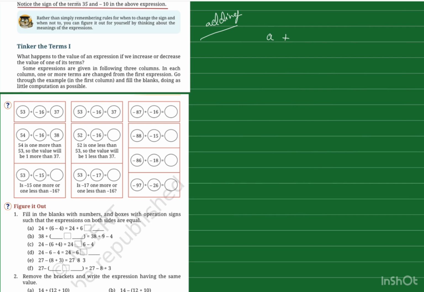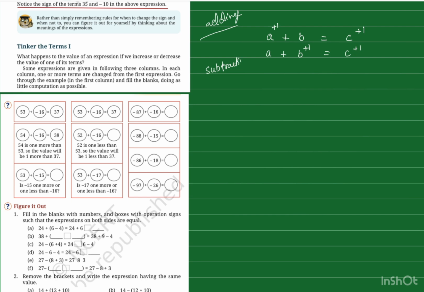So we can say that for an expression a plus b is equal to c, when we add 1 to a, then the answer will be c plus 1. If we add 1 to b, then the answer will also increase, so the answer will be c plus 1.